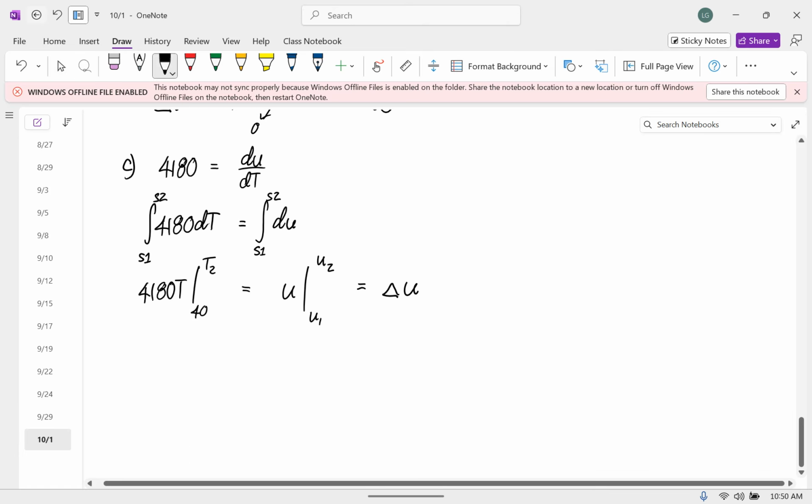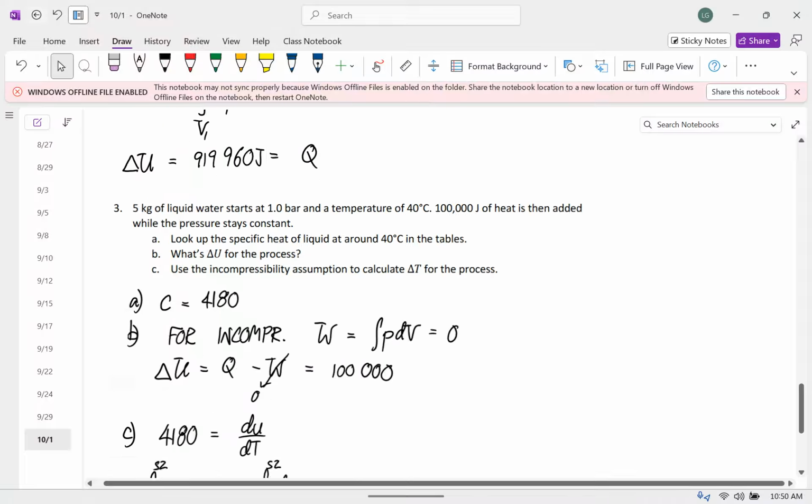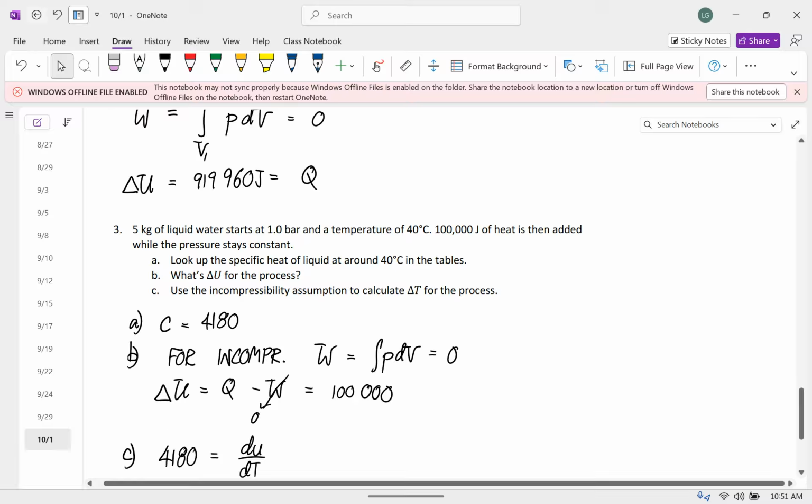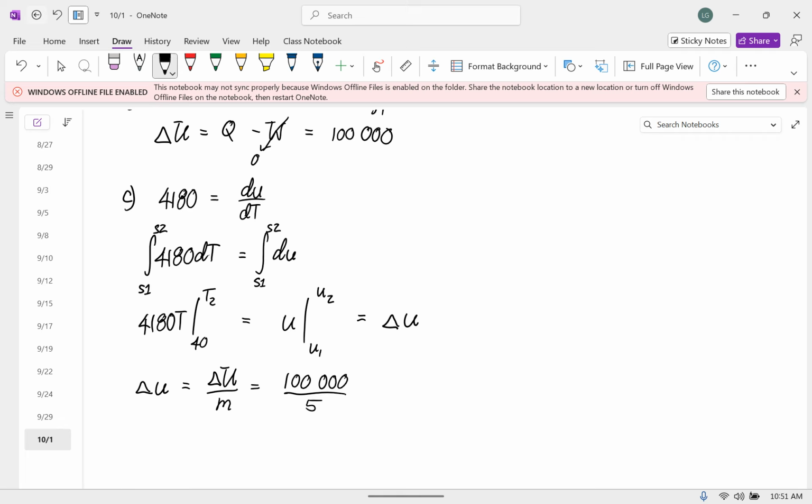We know delta big U. So delta little u is equal to delta big U divided by the mass. The mass is 5. So this is 100,000 divided by 5. So 20,000.